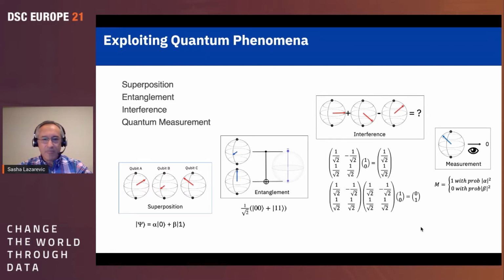First of all, I wanted to remind or to mention what are the underlying principles and what are these quantum phenomena that we are trying to exploit in quantum computation.